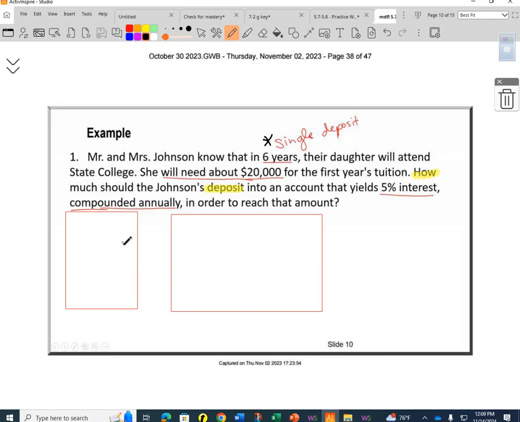How do you know which one to use when? If they're asking you to compute the deposit, it's going to be one of the ones from today, the P equals something. This is if they only deposit once. So you should be able to identify your variables from this problem.